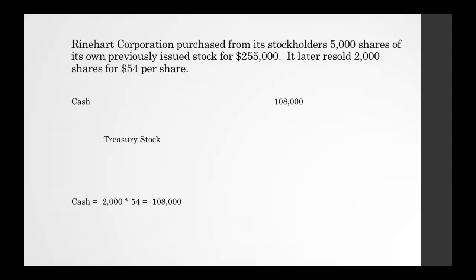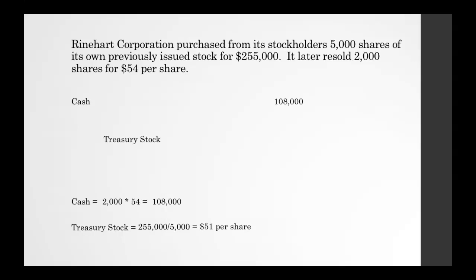Now, treasury stock is going to be valued at the price per share that you bought it back for. So how do we find that out? We take the $255,000 that we spent on this treasury stock. We divide it by the number of shares that we bought back.